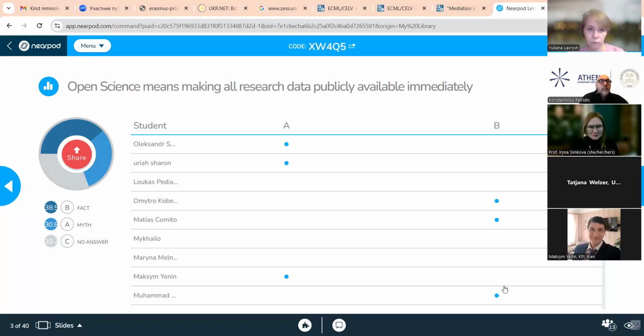B, 3 points, equal. Let's wait. So, open science means making all research data publicly available immediately. You've just discovered something, or you've done your research and you just publish it.